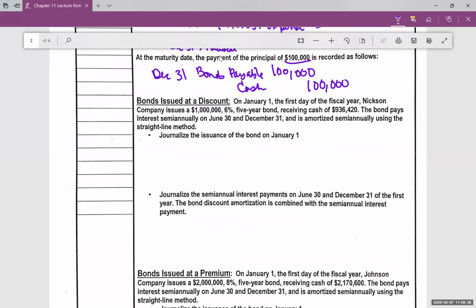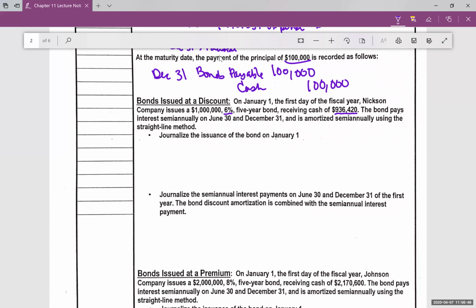Now let's jump into one where bonds are issued at a discount. So right away, you should look at the percentages and you can see that 6% is what is on the contract. And let's see, right here is where you get the idea, the 936,420, is that these are going to be offered at a discount.